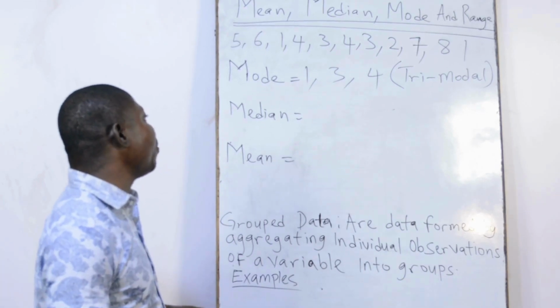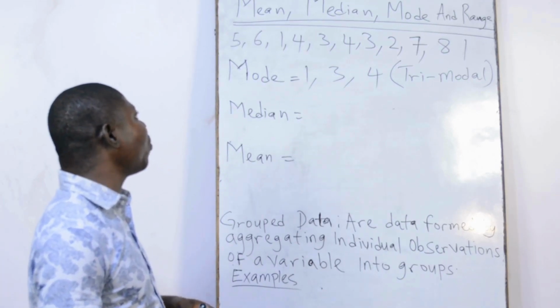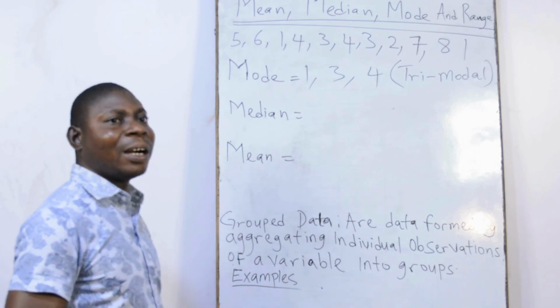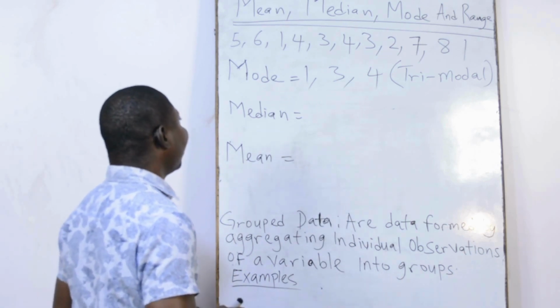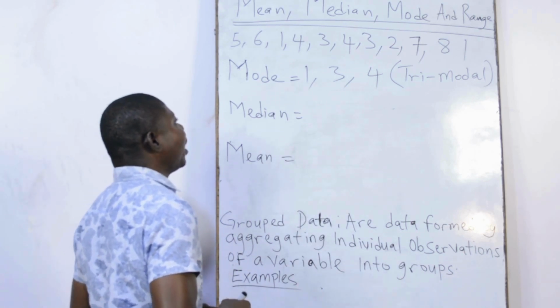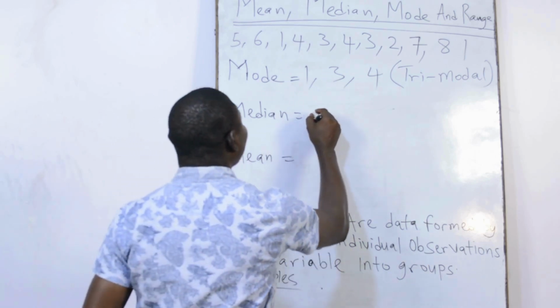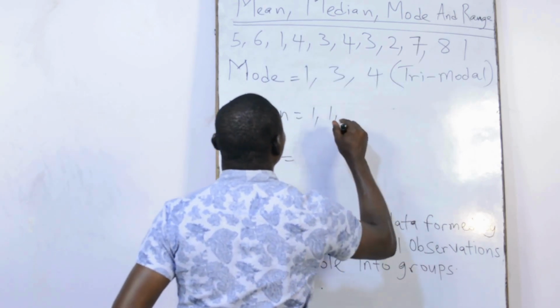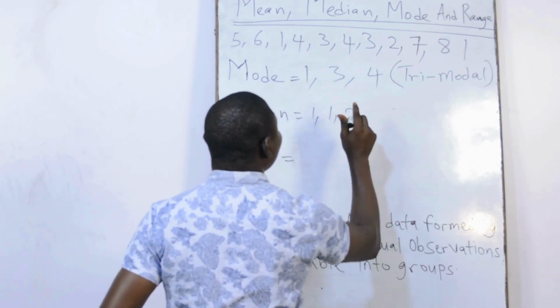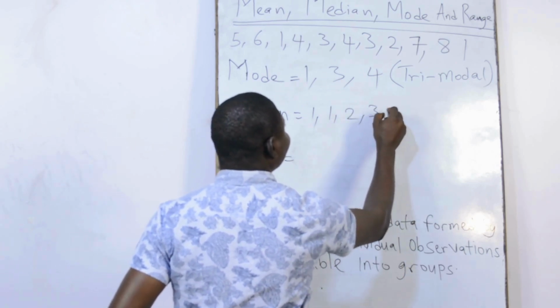So let's check for median. To solve for median, we need to rearrange it first. Now let's quickly rearrange it and then find our median. We have 1, 1. We have 2. We have 3, 3.